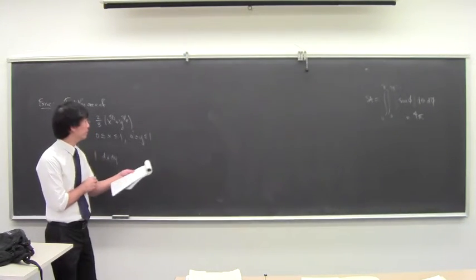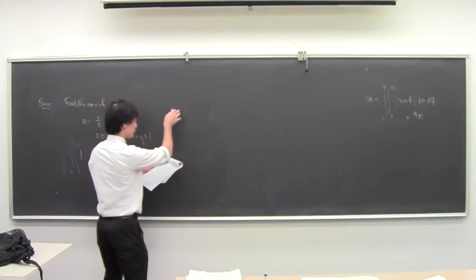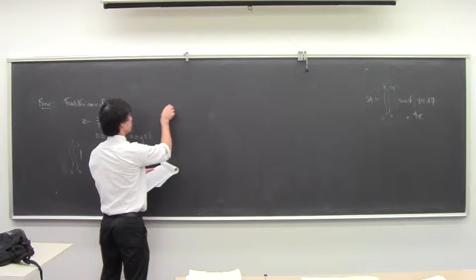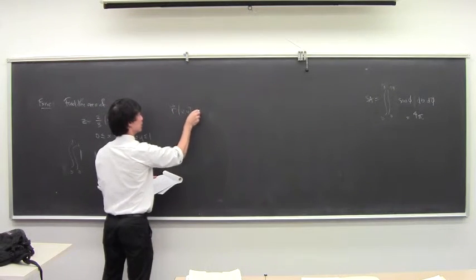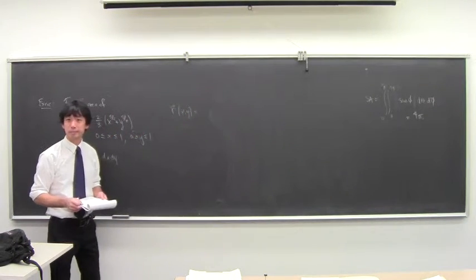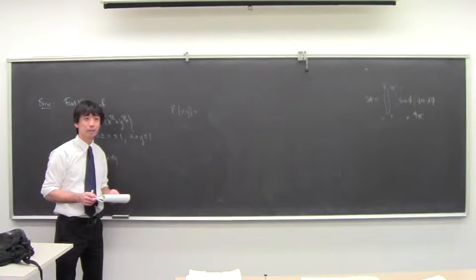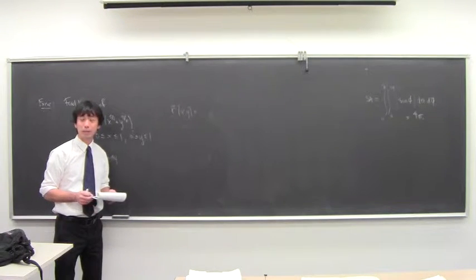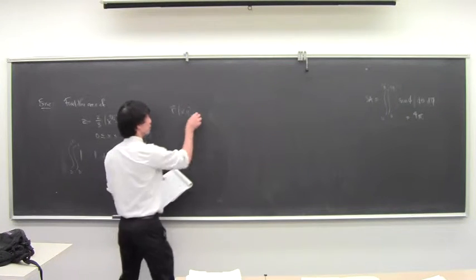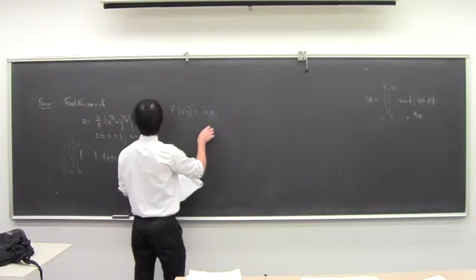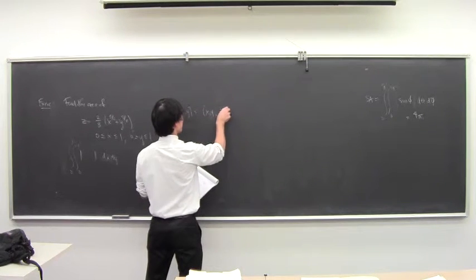Okay, so what are you guys using as your parameterization? R of x, y. What are you taking as your parameterization? x, y, and then 2/3 x to the 3/2 plus y to the 3/2.